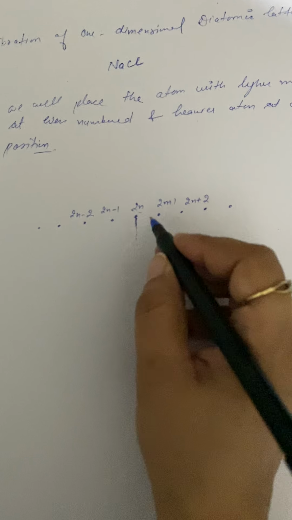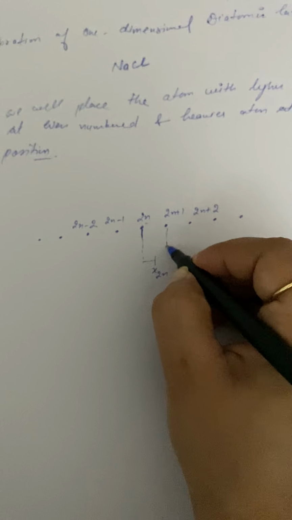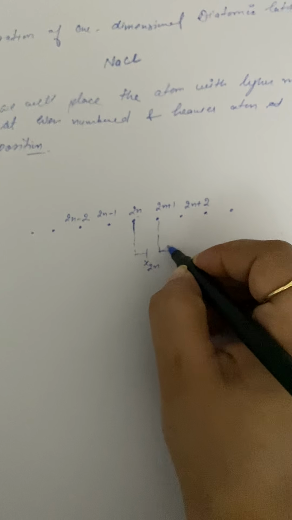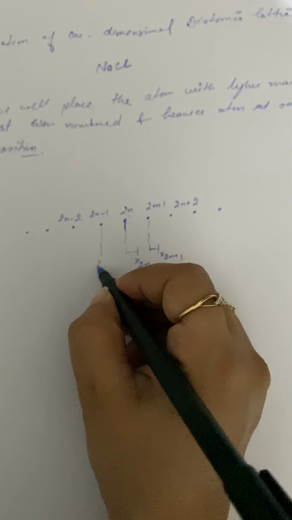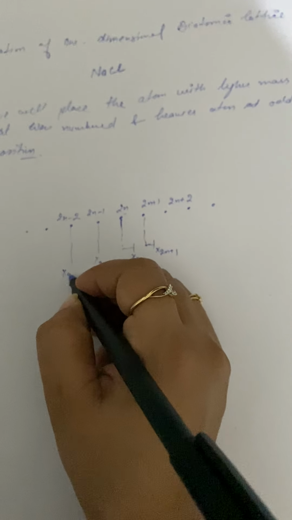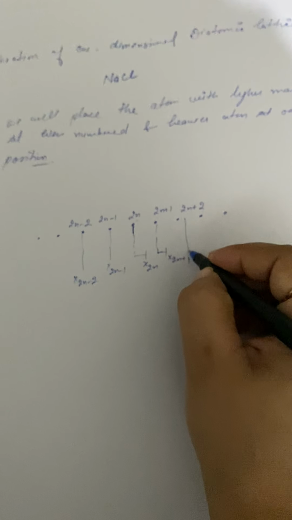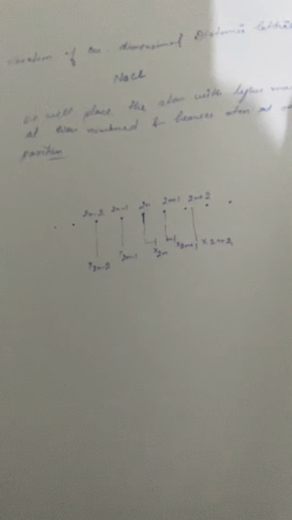Like for 2nth atom it will be x2n, for this it will be x2n plus 1, for this 2n minus 1, similarly for this 2n minus 2 and x2n plus 2.